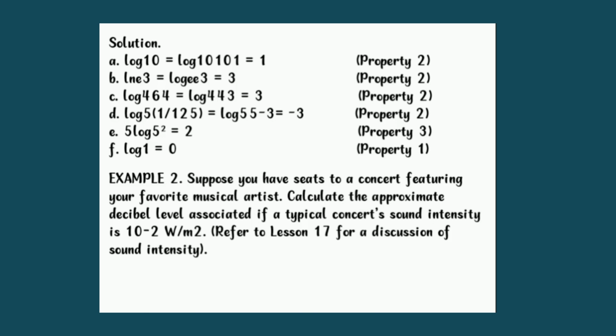And letter B, natural logarithm of e^3 is equal to log base e of e to the power of 3, which equals 3. And that is property 2.